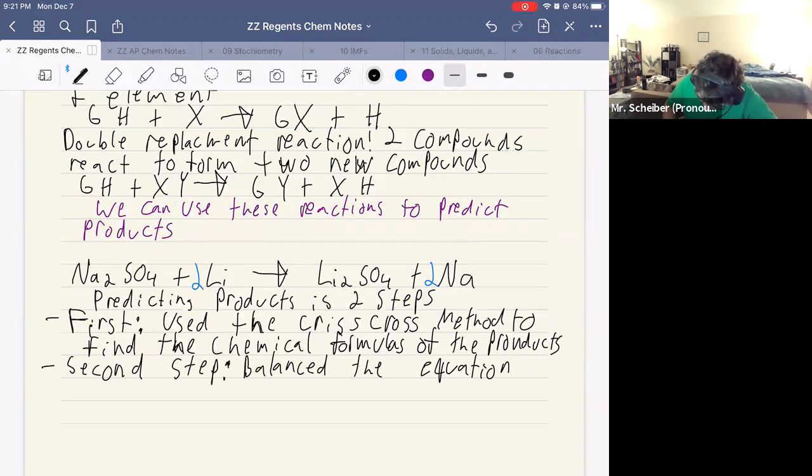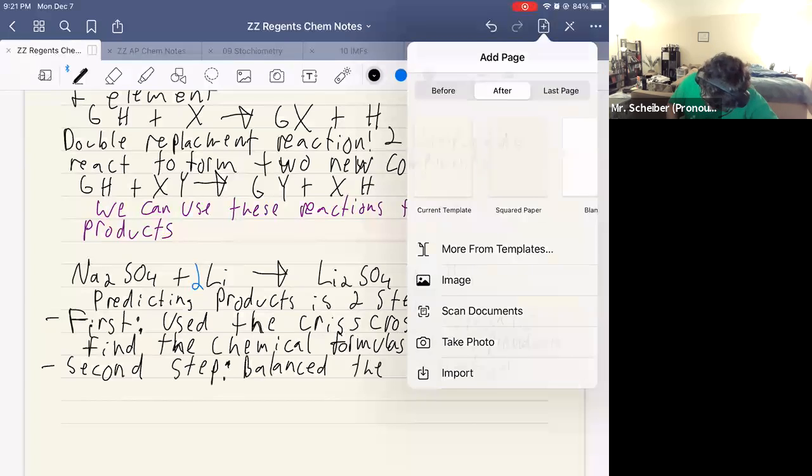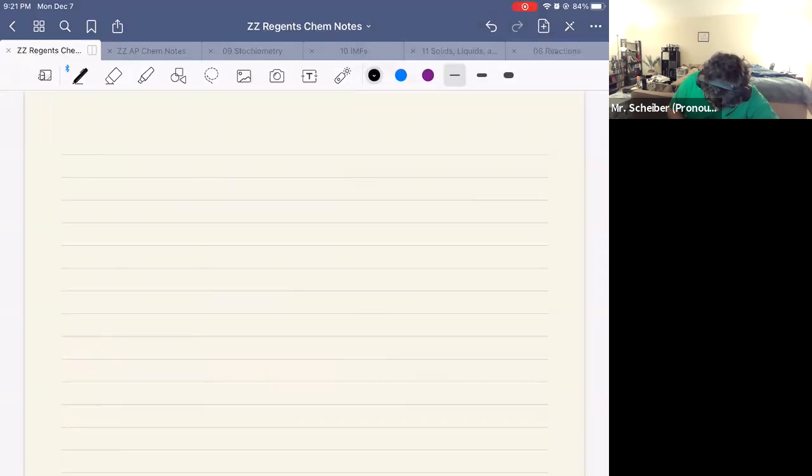Let's do a couple more practice. One more practice I think should do it. And this is a super tricky one. Let's have Na2CO3 plus, I don't know, FeCl2.